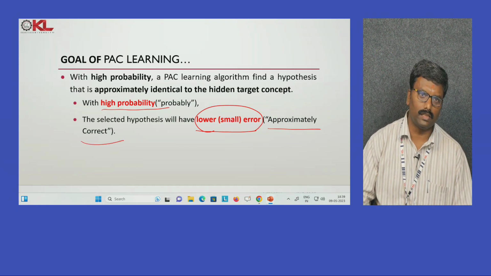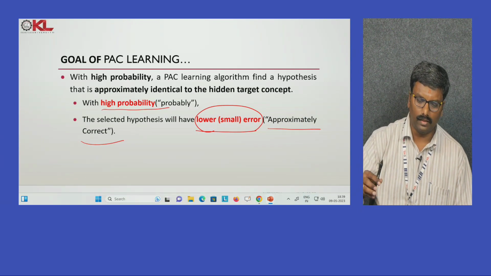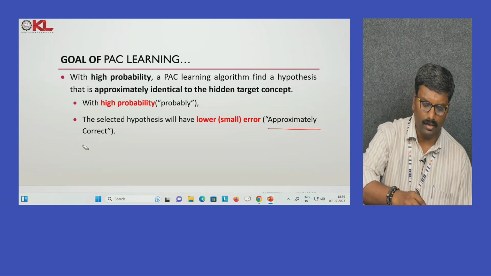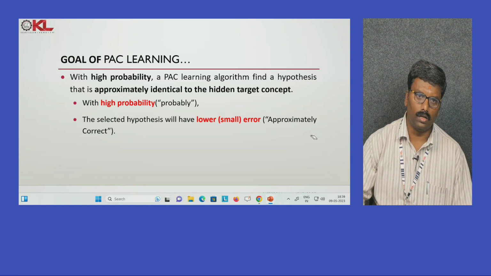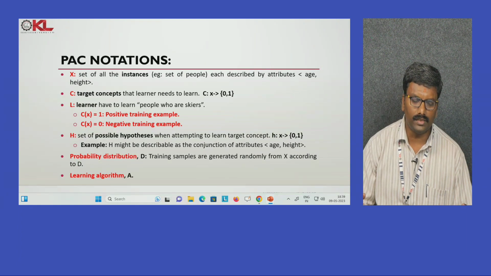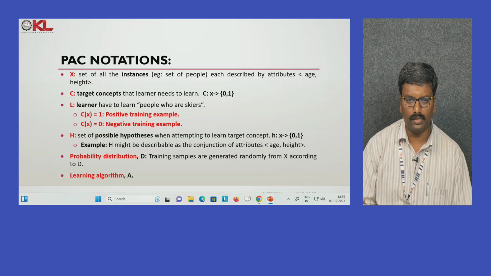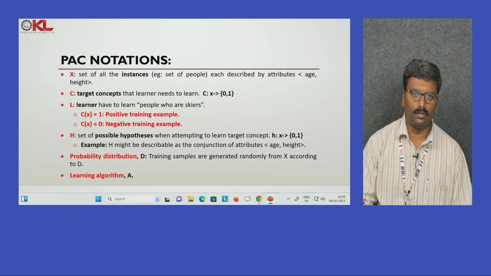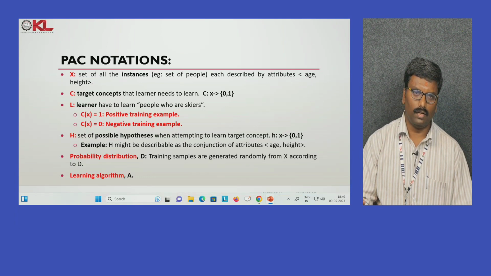That's why we call it the probably approximately correct learning concept: high probability, that means low error and small error. We are using some notations because in the previous slide we discussed the mathematically learned concept. That's why we use some notations related to PAC learning.